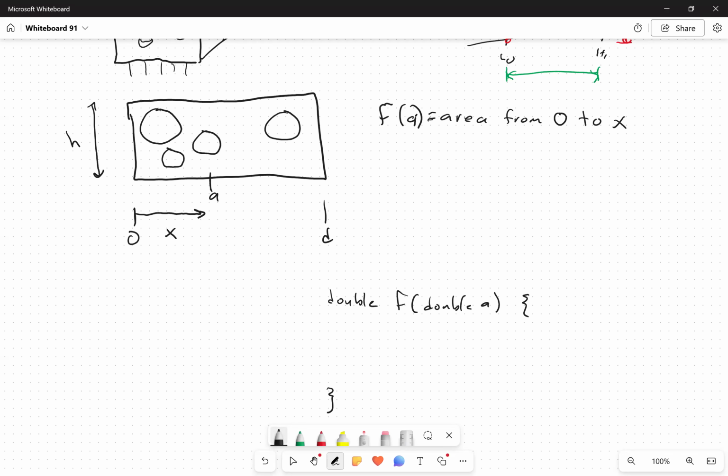I would say the base volume equals a times h. So in other words, that's how much the volume would be if there were no holes. And then you would have to loop through the holes, and you would say for each one of those, is it inside completely?